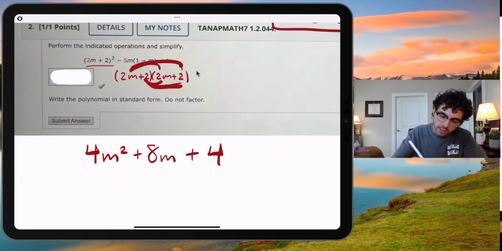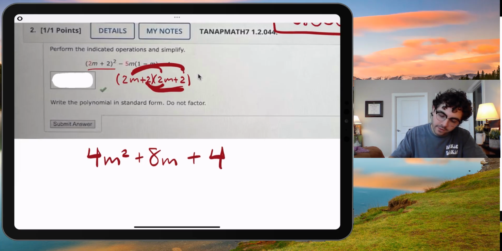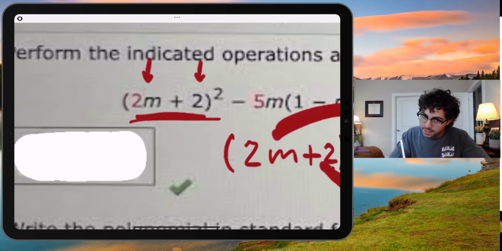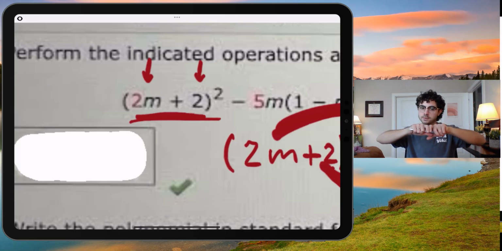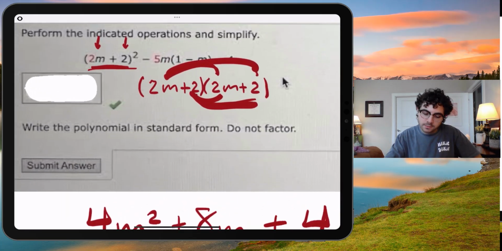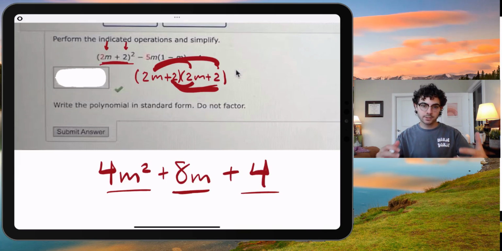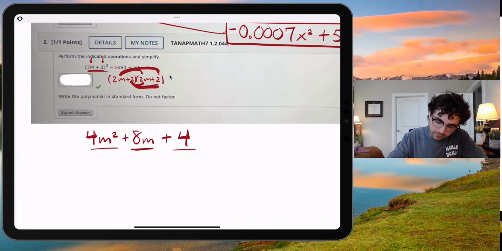If you want a shortcut in the future, if you have any binomial, any two-termed expression squared, square the first term, square the second term, and then multiply the two terms and multiply that by 2. So multiply the two terms: 2m times 2 would give us 4m, times 2 is 8m. So we have first term squared, last term squared, both terms multiplied together, times 2. A little bonus for you there.